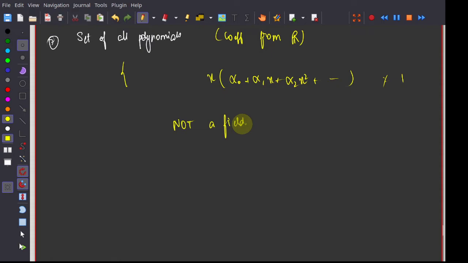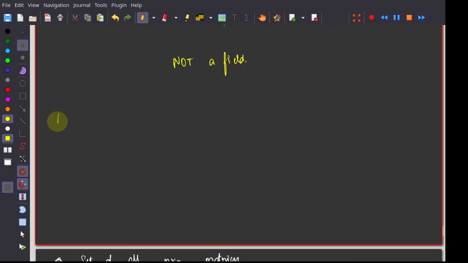In some cases, it is possible to construct a field, but using a different multiplication operation. So let me look at the following set of polynomials: 0, 1, x, and 1 plus x. So this is polynomials over the binary field. I have 4 elements, and addition is modulo 2.